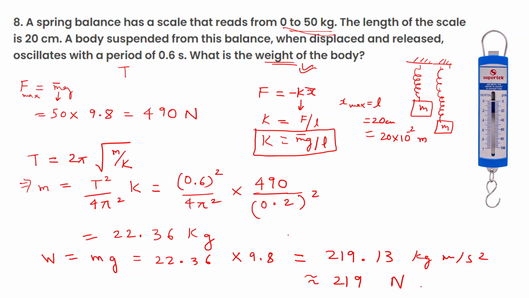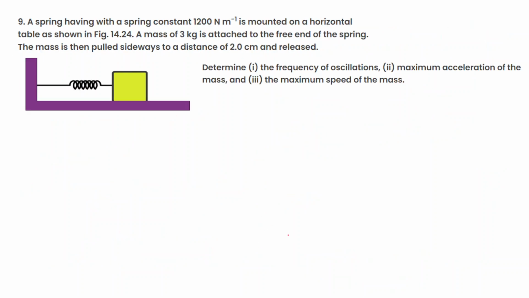Okay, now moving on to the next question. We have one more question. A spring having a spring constant 1200 Newton per meter is mounted on a horizontal table as shown in the figure below.